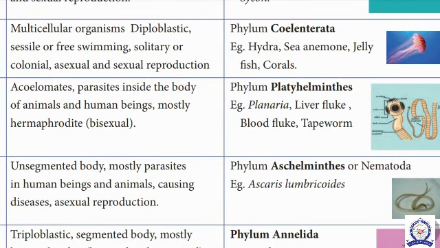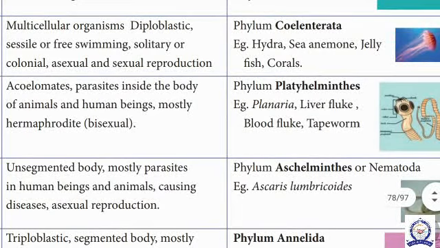Solitary means individually, or colonial. Colonial means a group of animals grouped and living together. Then sexual reproduction and asexual reproduction occur in this group of organisms.